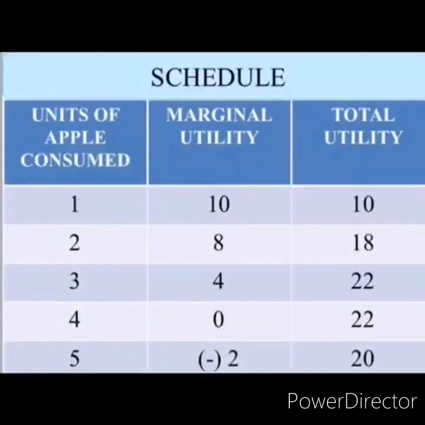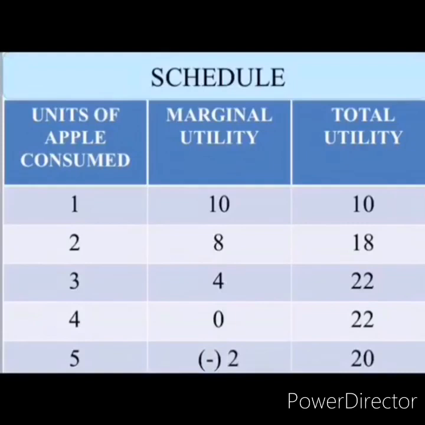So here comes the schedule. Units of apple consumed: 1, 2, 3, 4, 5. First of all, we need to calculate the total utility. If we are consuming the first unit of apple, we are getting 10 utils of satisfaction. If we are consuming the second unit of apple, we are getting 18 utils of total utility.